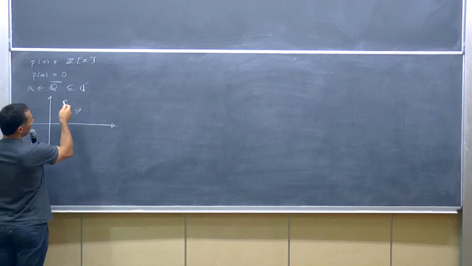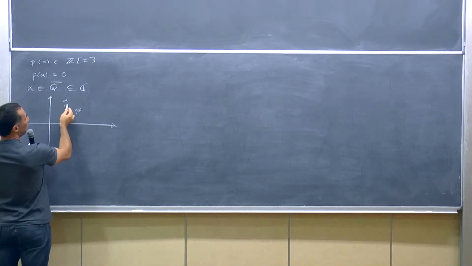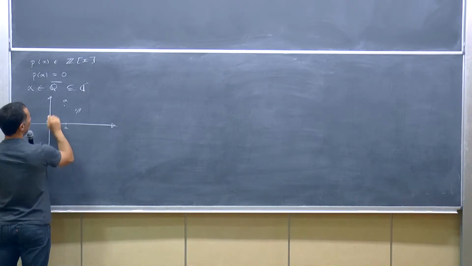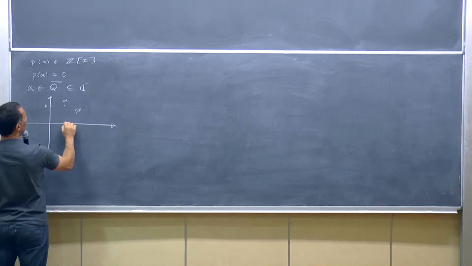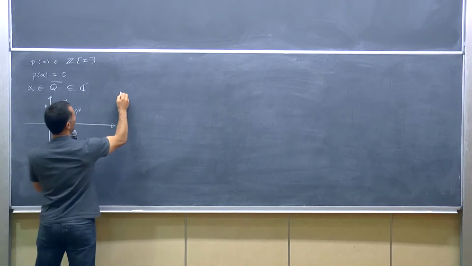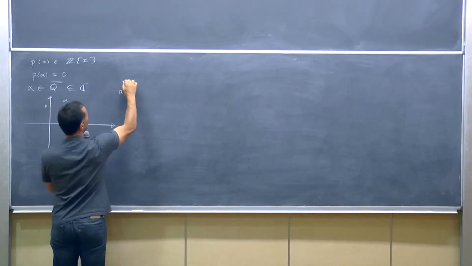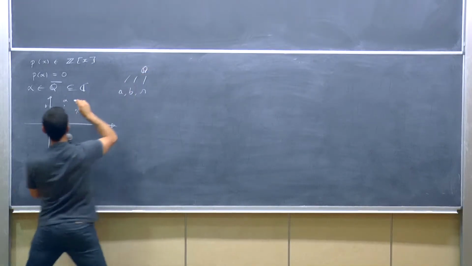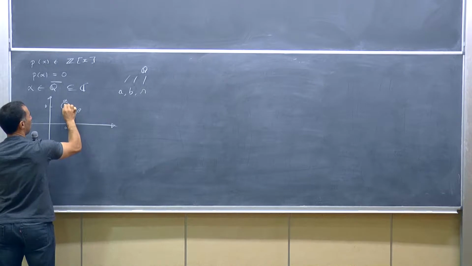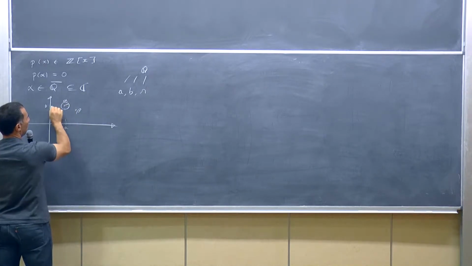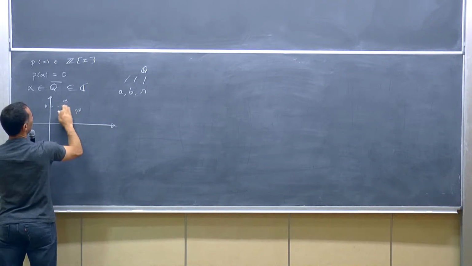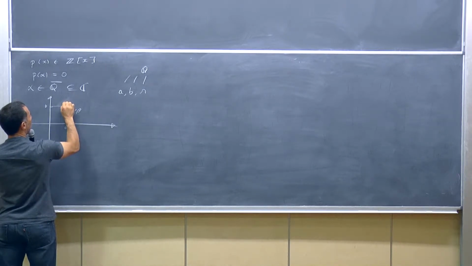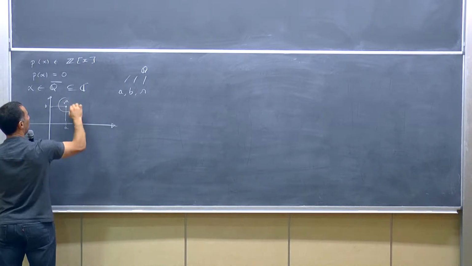Well, first of all, one way to do it is to have an approximation of the root. For instance, you could represent a root with rational numbers a, b, and r. So you've got a, b here, alpha maybe is here, and r.